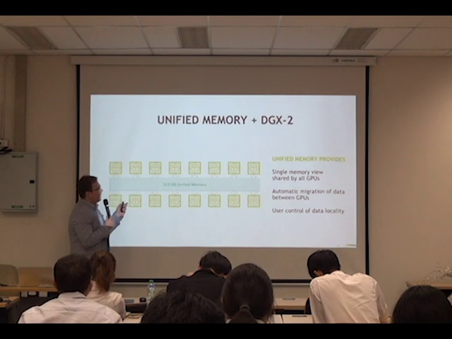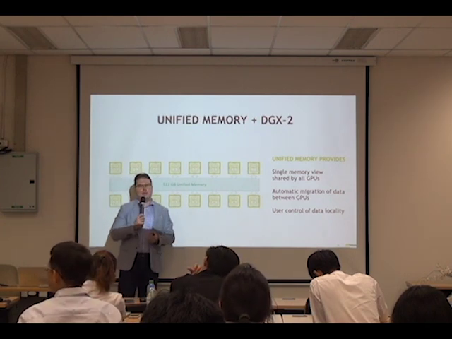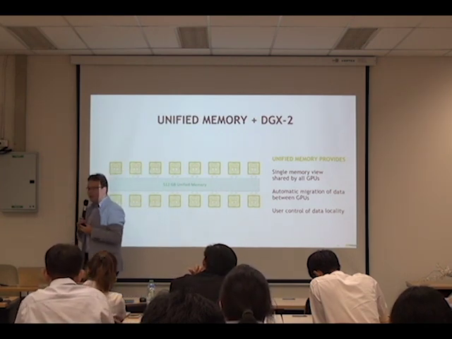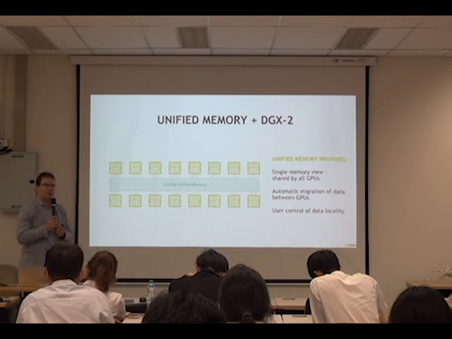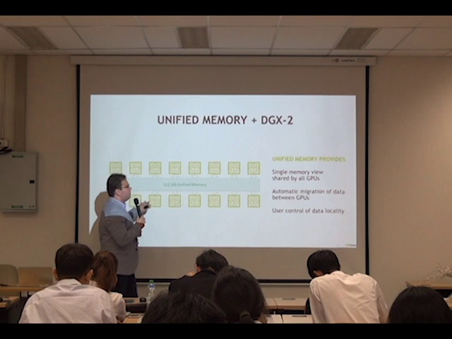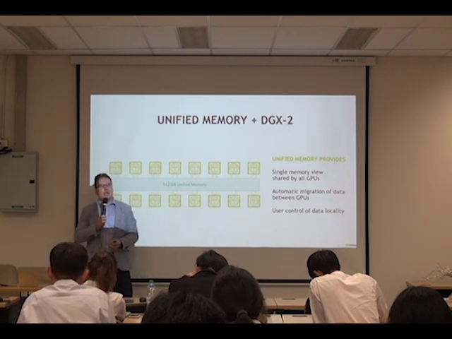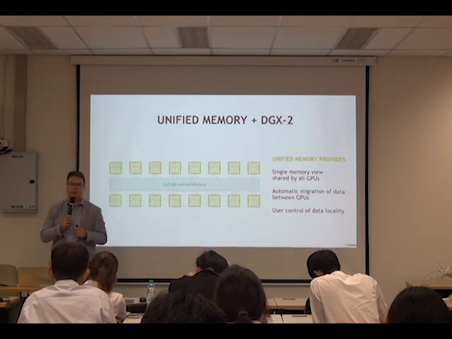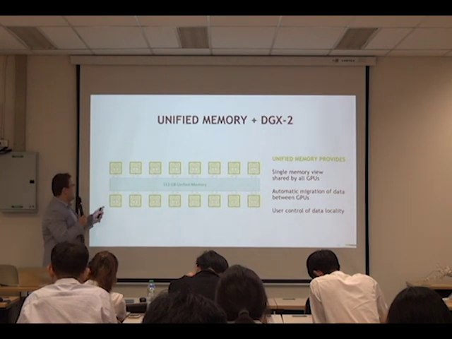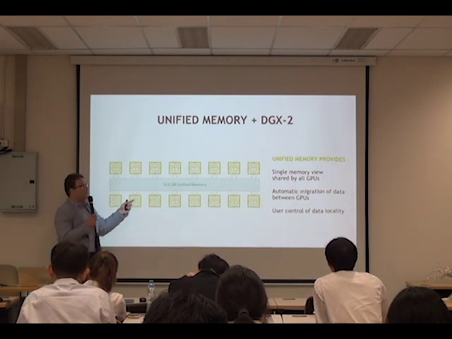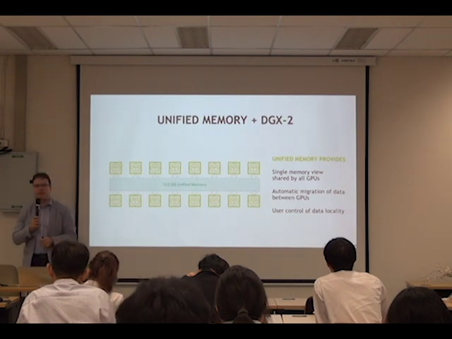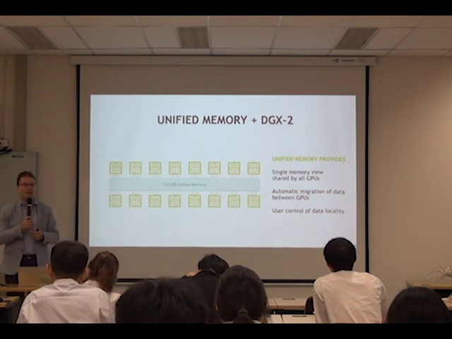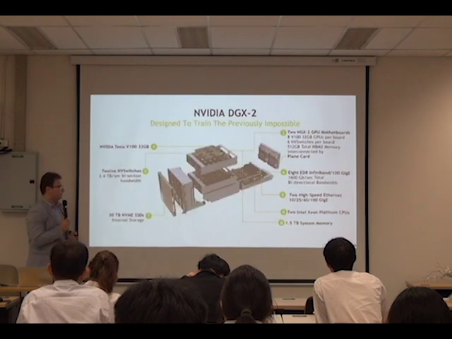All these GPUs are interconnected inside of the system using something called NVSwitch. NVSwitch allows you to interconnect all the GPUs at maximum speed. And then the features in the CUDA programming language allow you to access any GPU memory from any GPU. So it gives you a unified view of the entire memory space on the GPUs.